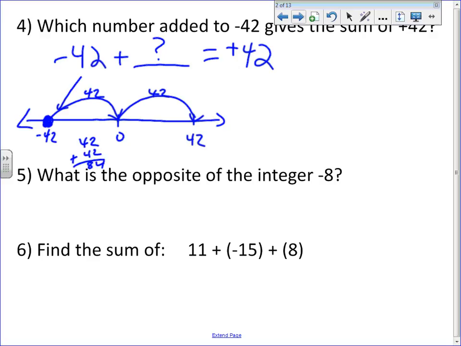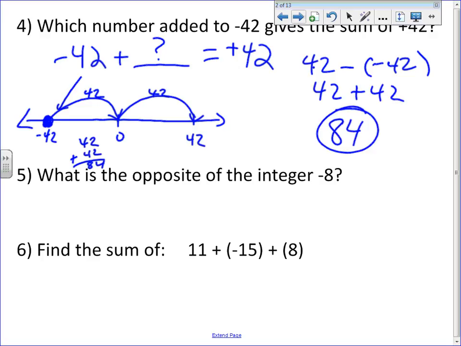The other way to think of it, if I'm adding the number to -42 and I'm getting a sum of 42, I can think about that going backwards. I can do 42 minus -42. Keep change. 42 plus 42, 84.